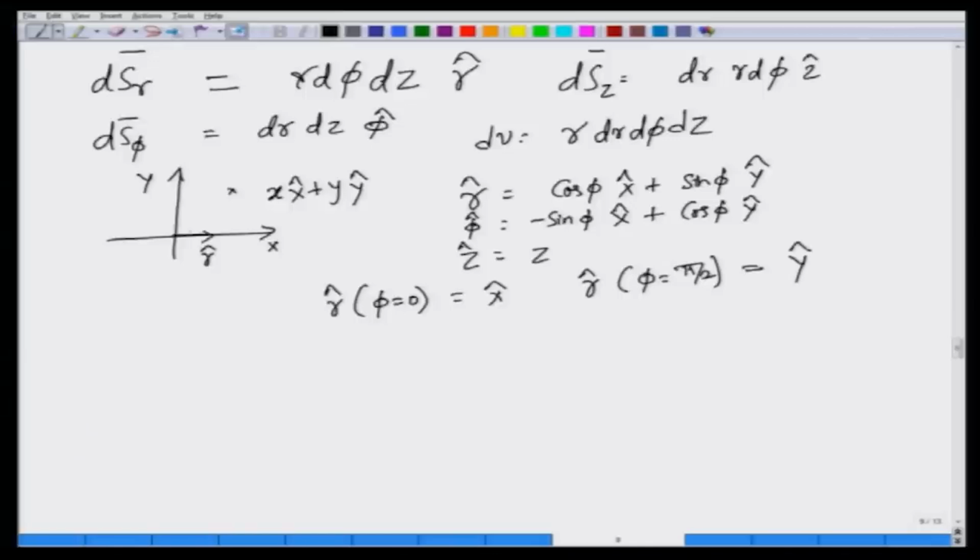So, the r vector at phi equal to pi by 2 will be pointing along the y direction. At any other point it would be pointing along a different direction, depending on the value of phi. What is the lesson here? The direction of the vector r depends on phi.